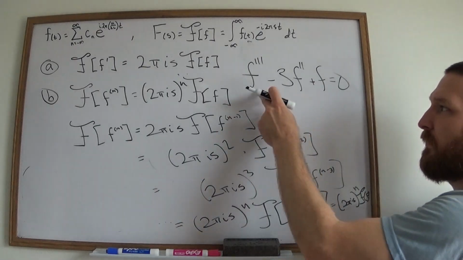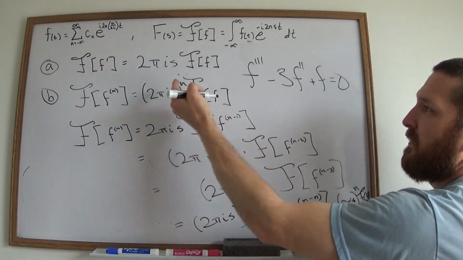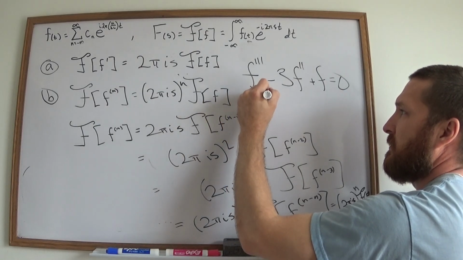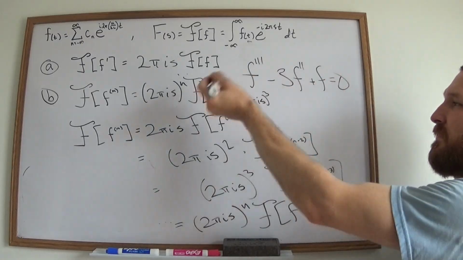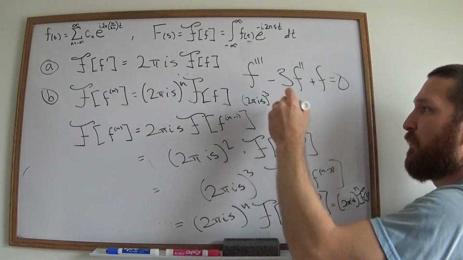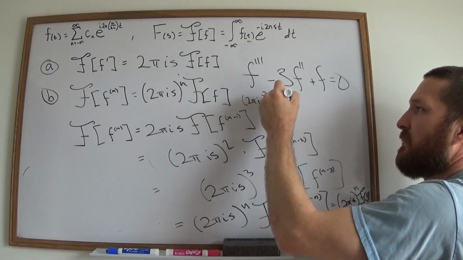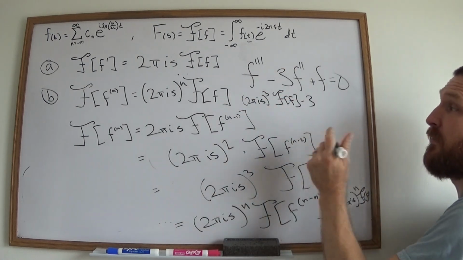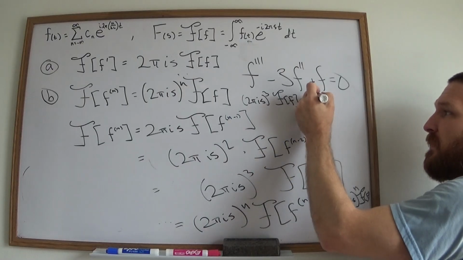The third derivative is just 2 pi is to the third. Take a Fourier transform of this entire thing, and then you'd have the Fourier transform of your original f, minus 3. The Fourier transform is a linear operator, so this works just fine.